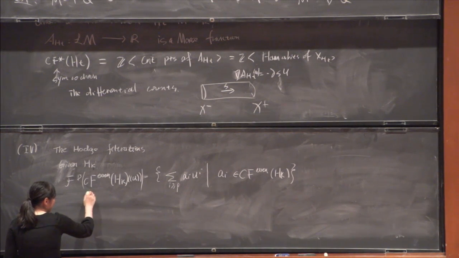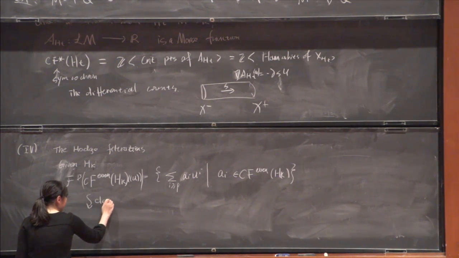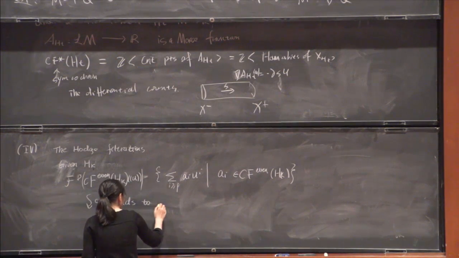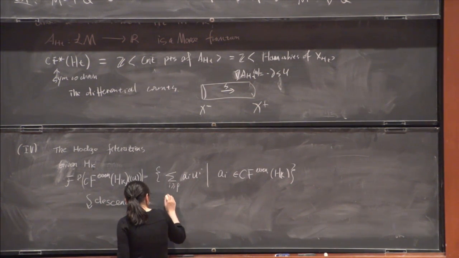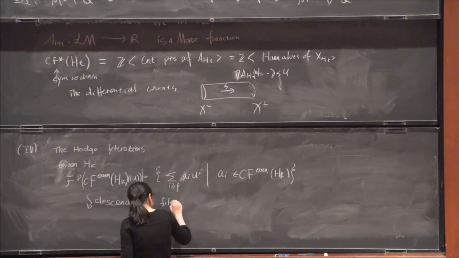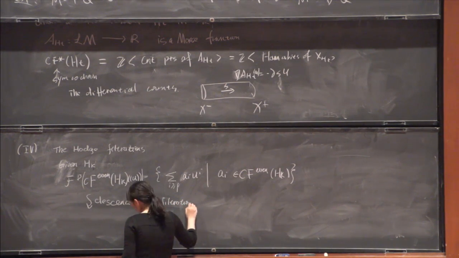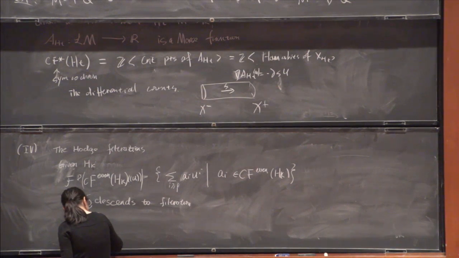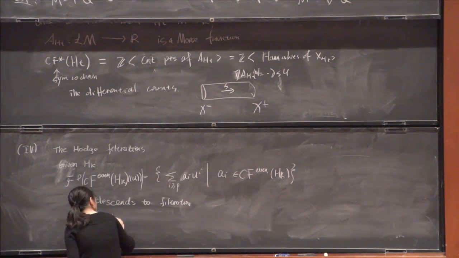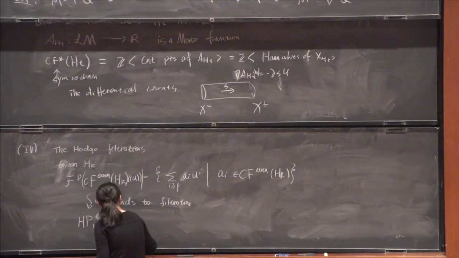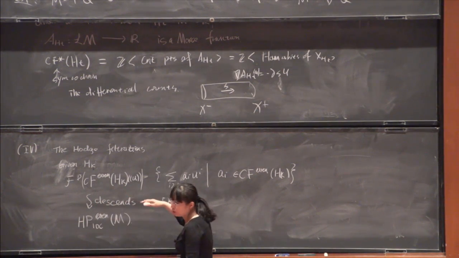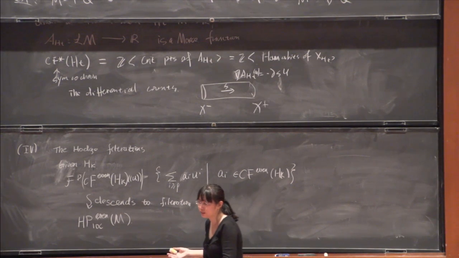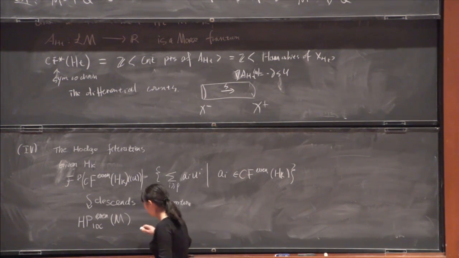After taking this, you want to take a direct limit with respect to HK. So somehow this will descend to a filtration on this localized version that I was talking about, just by taking the corresponding homology filtration and then taking a direct limit over all such HK.